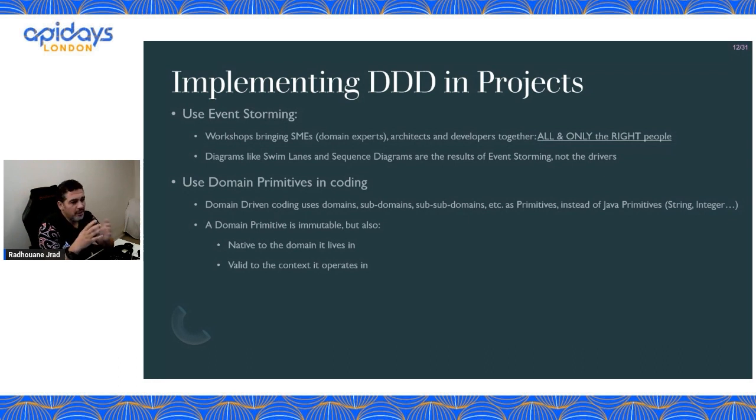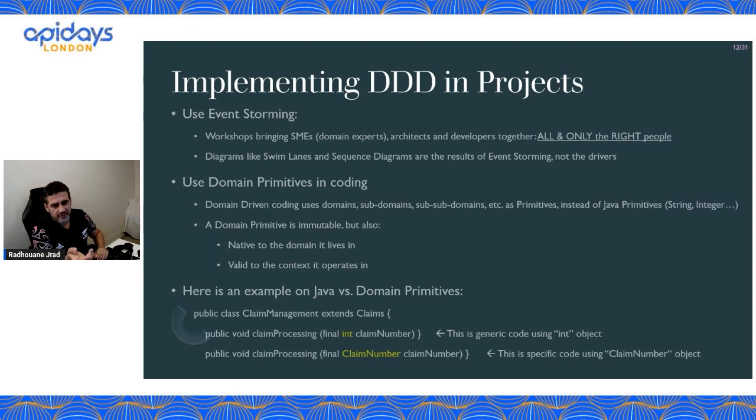And then this is where the tactical, remember I talked about the strategic versus tactical tools. This is a tactical aspect of it. So I'm going to just put it there very quickly. And this is how, for example, for Java, instead of using the int as a Java primitive, use the domain primitive, like claim number, and then you use that in your code. It gets a little bit more interesting if you go with more details, but we're going to skip this for now.